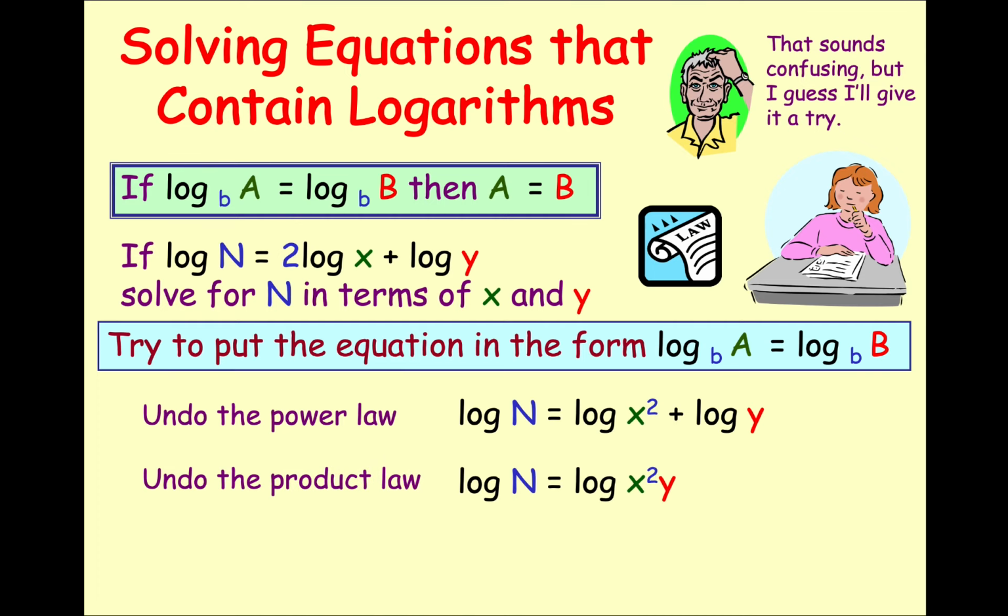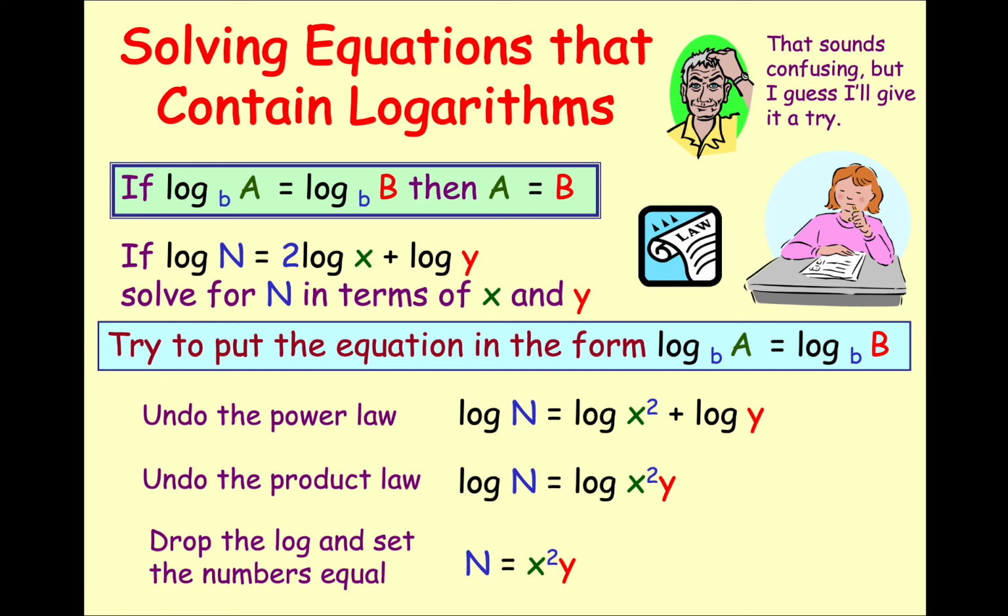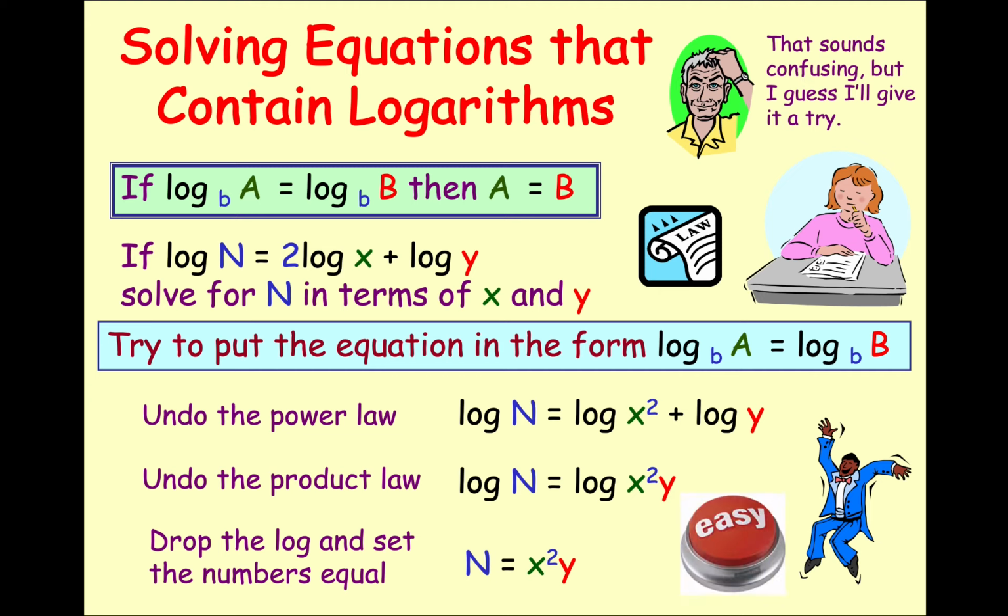So we get log n equals log of x squared times y. That means we can take the logs away. So we get n equals x squared y. Easy.